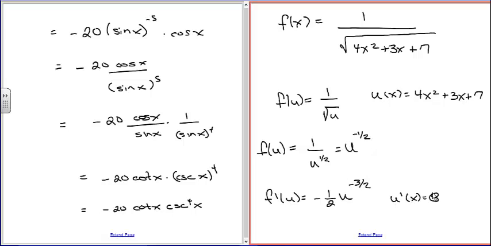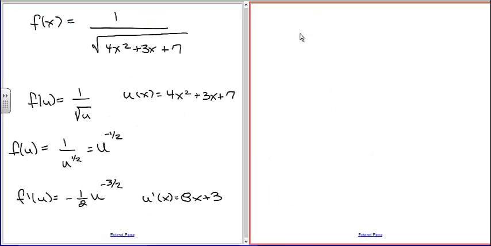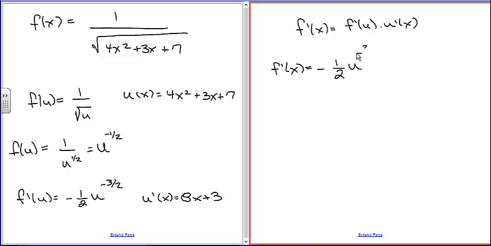So I get 8x plus 3. So the chain rule is f prime of x equals f prime of u times u prime of x. So I'll get negative 1/2 u to the minus 3/2 times 8x plus 3. That's parentheses.